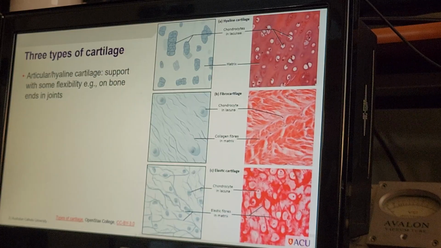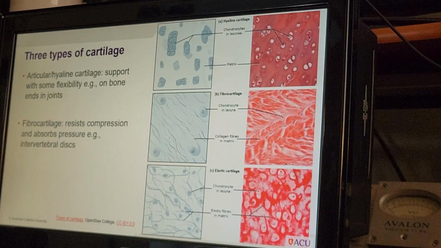When we look at all three of these different types of cartilage, we can see in the pictures that they're typical types of connective tissue which have a lot of background matrix with a smaller number of cells spread within that background matrix. So articular cartilage gives strength with some flexibility, and it plays a protective role on the ends of bones in joints.